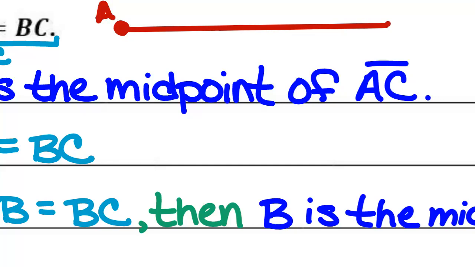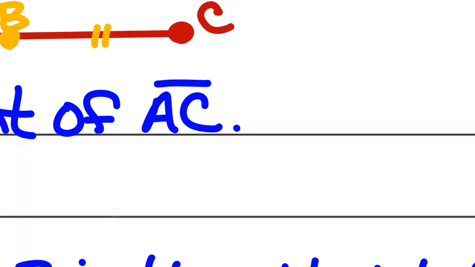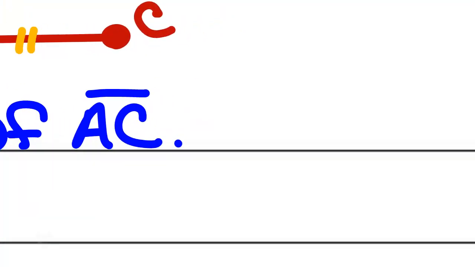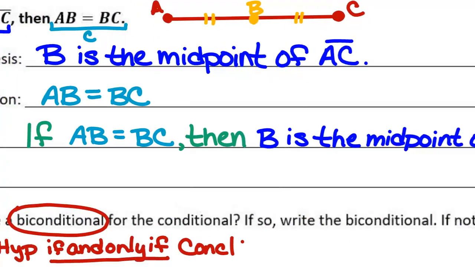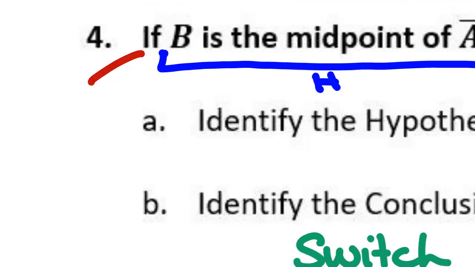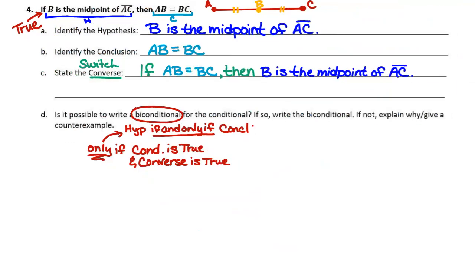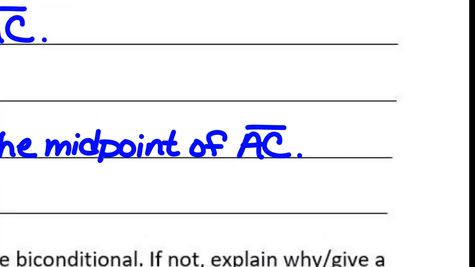Here's A, here's C, and if B is the midpoint, then segment AB would be congruent to segment BC. Or sorry, segment AB and BC have the same length. So this one would be true. However, the converse is false.